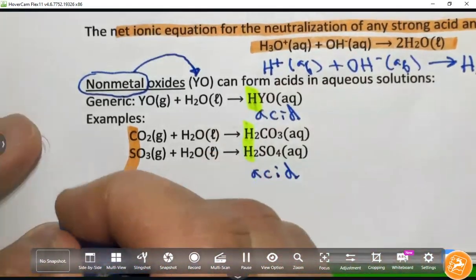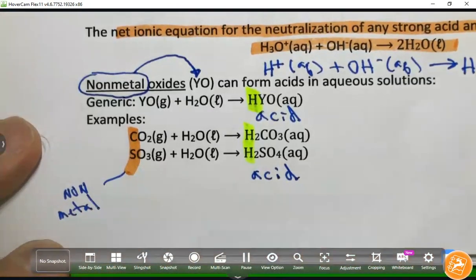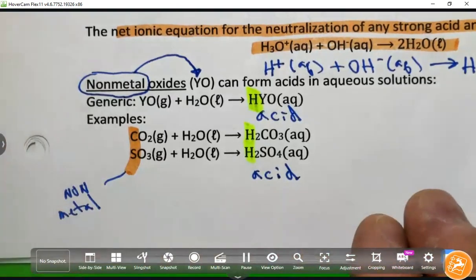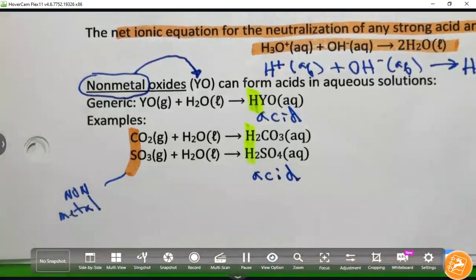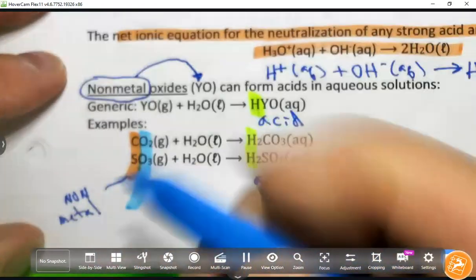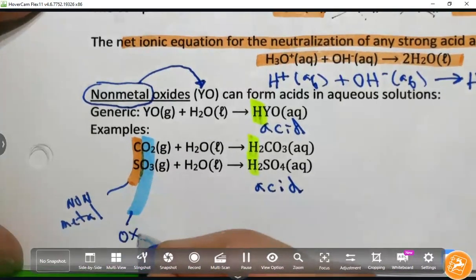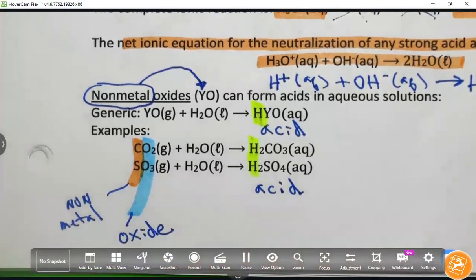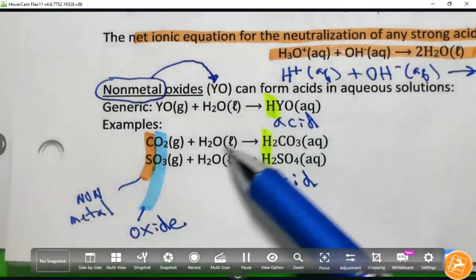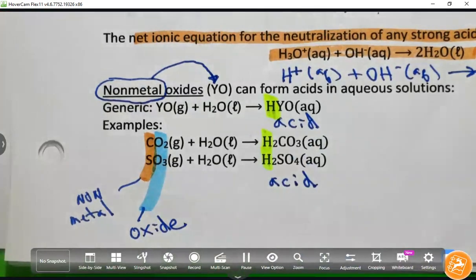A non-metal oxide, right? A non-metal oxide with water, when it reacts, you're going to get an acid.